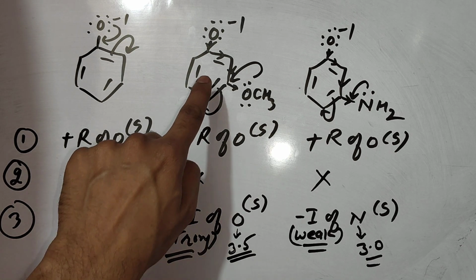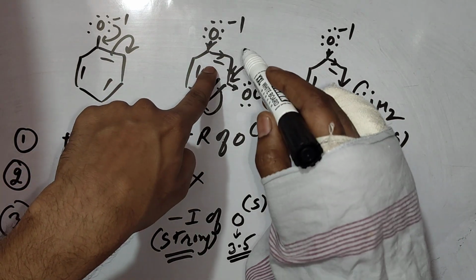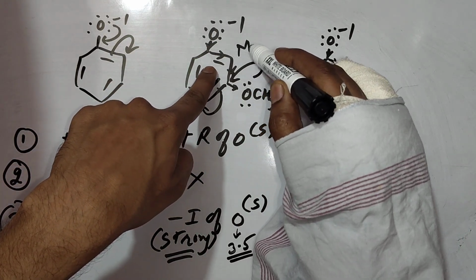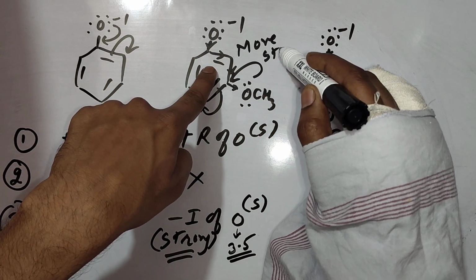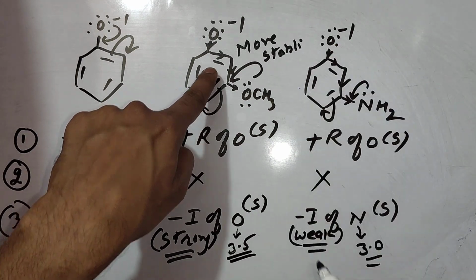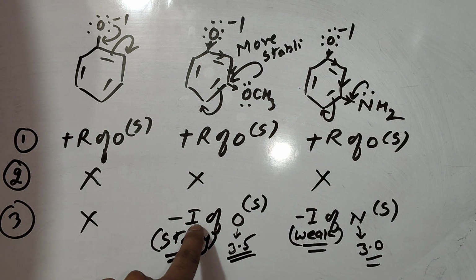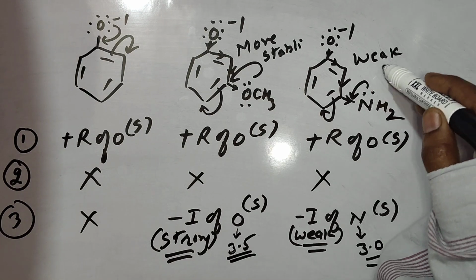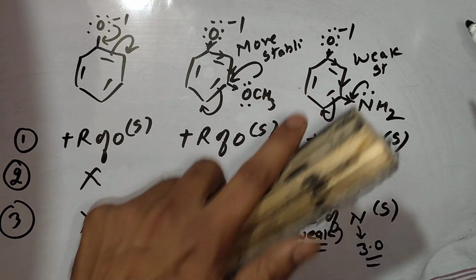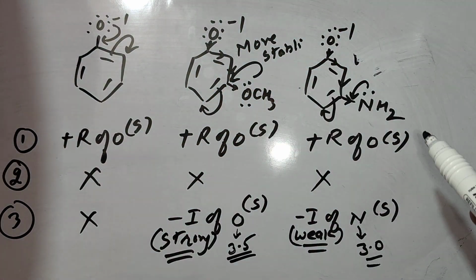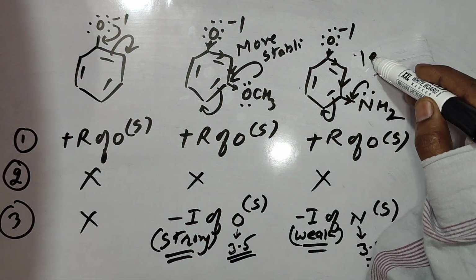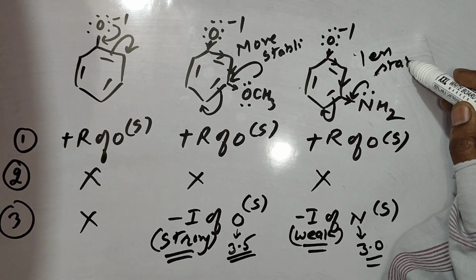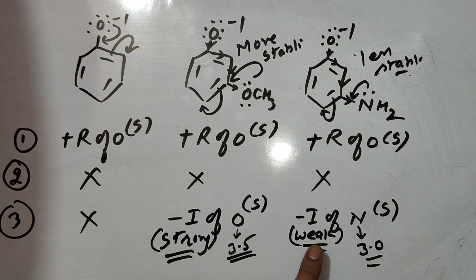That's it. Means this anion is getting more stability because it is stabilized by strong minus I effect. And here it is getting weak stability or less stability, because it is getting stability due to weak minus I effect of nitrogen as compared to this one.